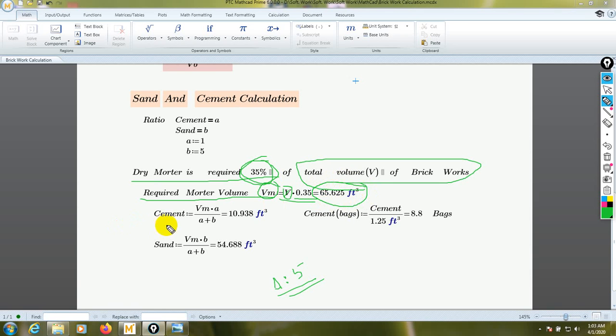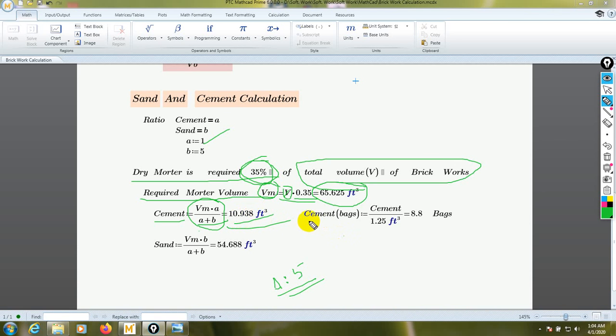After that we'll calculate cement. Volume of mortar into the ratio of cement, 1, divided by A plus B, the total ratio. You all know this calculation, it's very simple. So we have found our requirement of cement, 10.938 CFT.